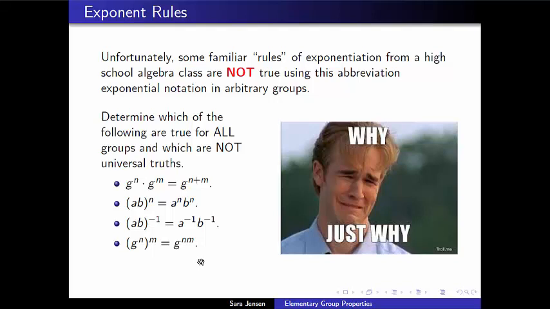If they seem to always be working, that's evidence that maybe that exponent rule is universal. If you find an example of a time this equality would fail to hold for any one of these, then that would be proof that this rule is not a universal rule for all groups, and then we can start to understand why.